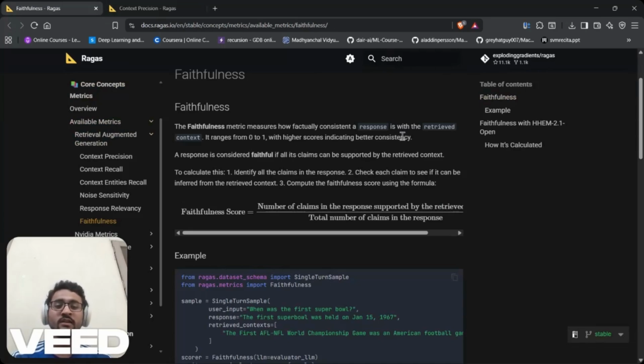And faithfulness score tells us how consistent the response generated by the LLM is with the retrieved context. So based on this, the score is from 0 to 1 on both of these metrics. And now OS will explain the scores which we got for both of these metrics and the rest of the evaluation part.